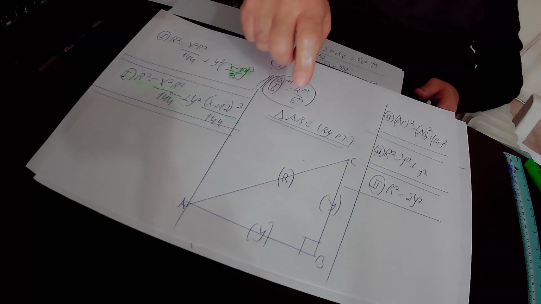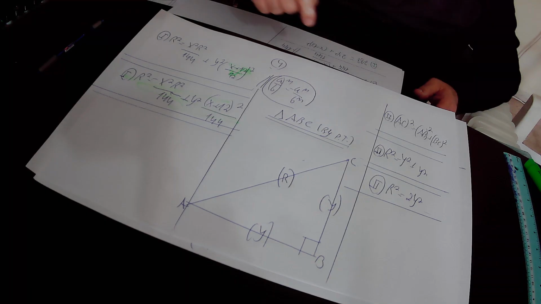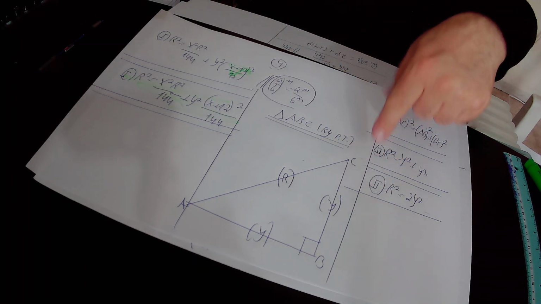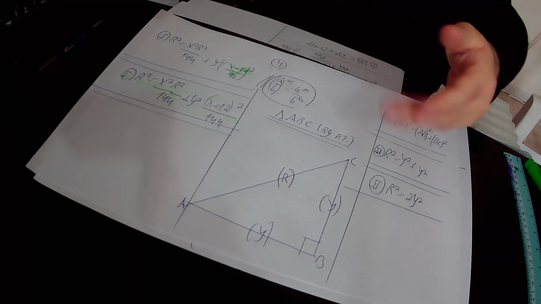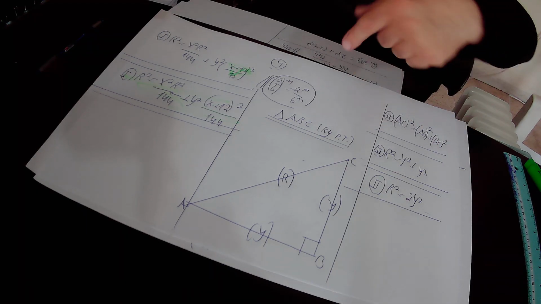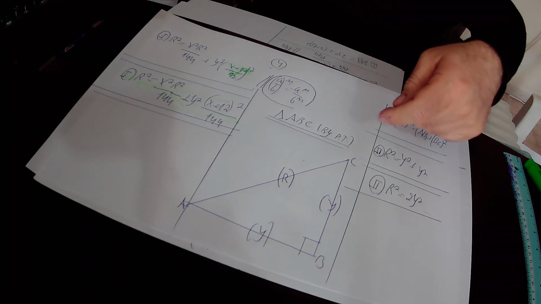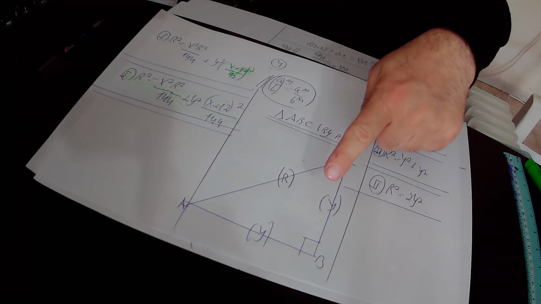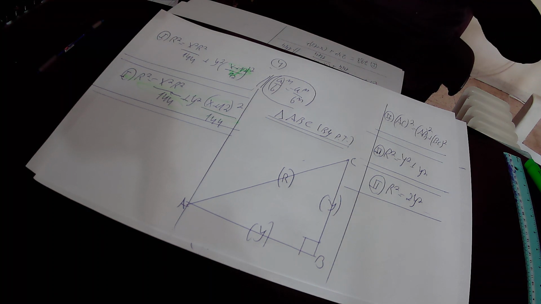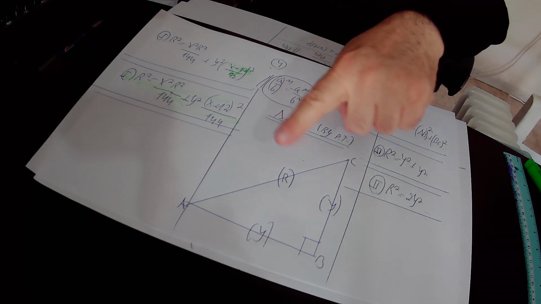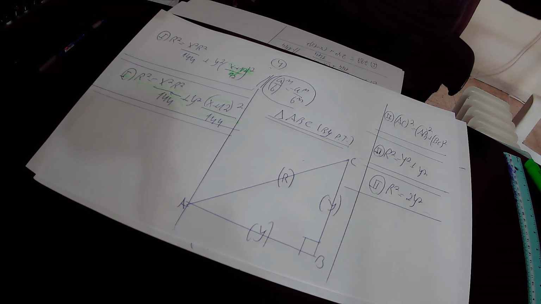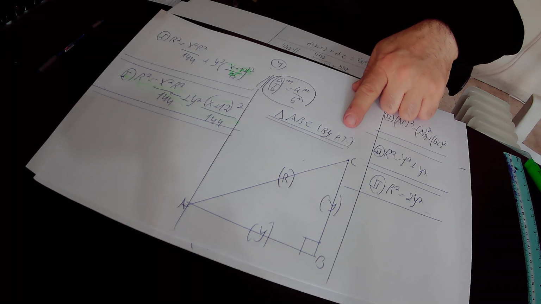We just found out that the hypotenuse AC equals R, and AB equals BC. They are both sides of the square, and all sides of any square are equal to each other according to our definition. One side of square ABCD equals y.